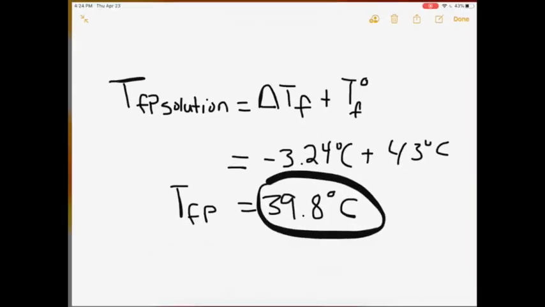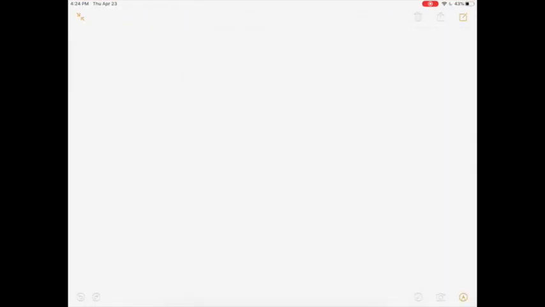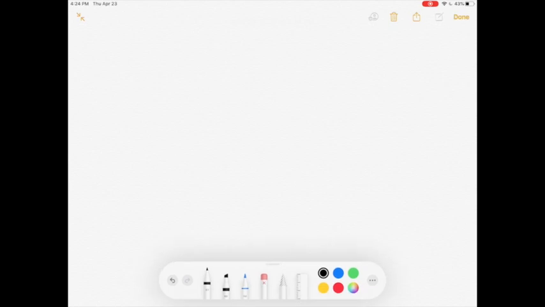Okay, switch over here real fast. Delta TB we know is equal to KB times m times i. They gave us delta T, they give us KB, and we know the van't Hoff factor.